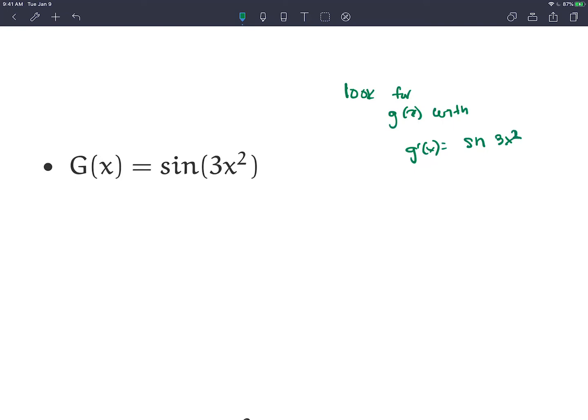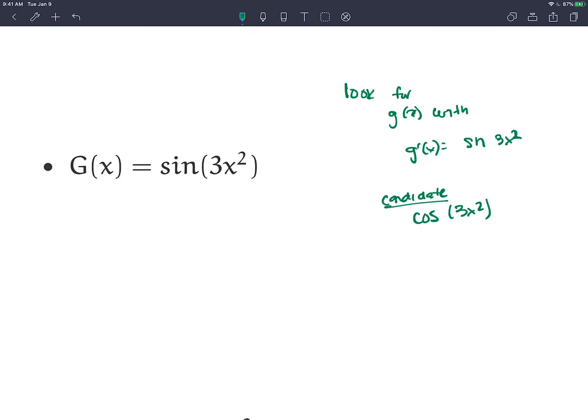If you remember, the derivative of sine is cosine, the derivative of cosine is negative sine, so what if I try cosine? The problem is that if you put your candidate to be cosine of somebody, it has to be the cosine of 3x squared.